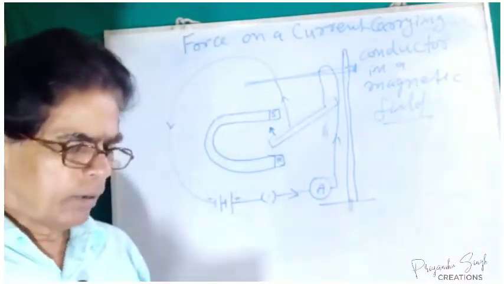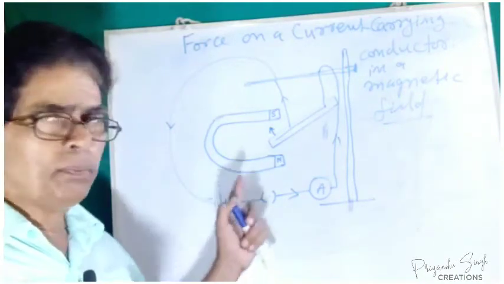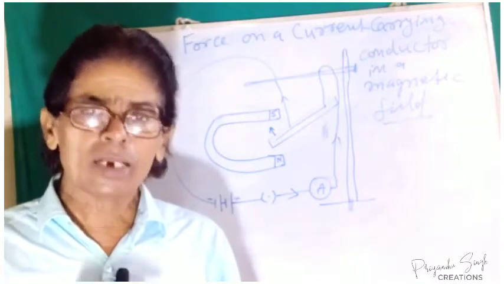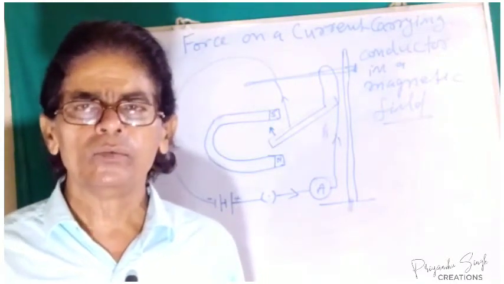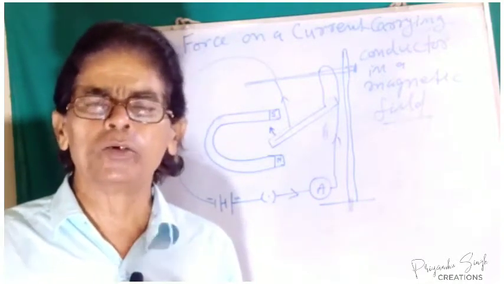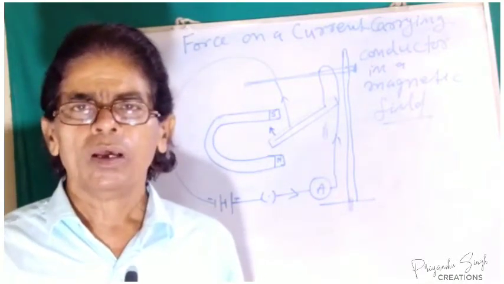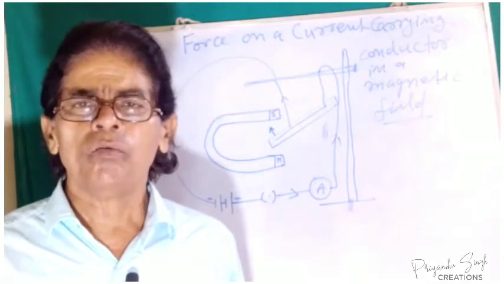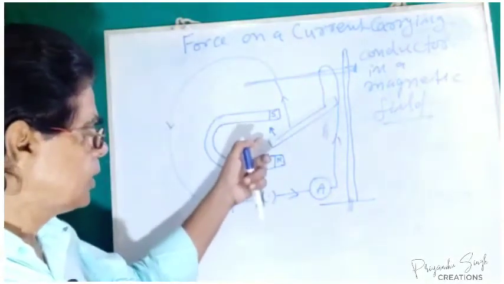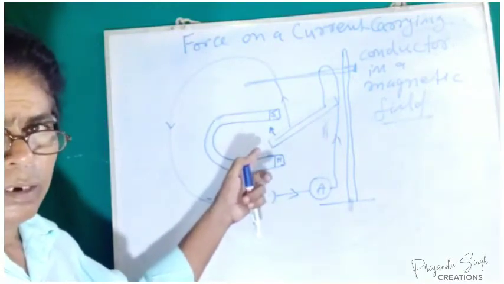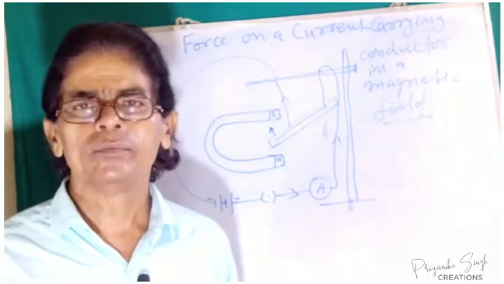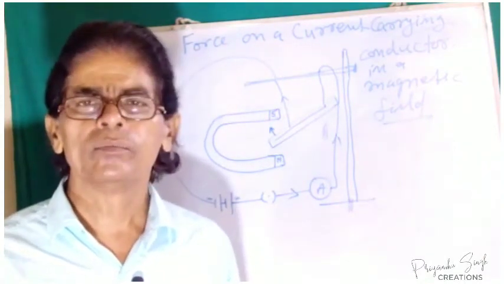If we change the direction of current in the circuit, then after inserting the key into the plug, this time we observe that the deflection is opposite to the previous deflection.